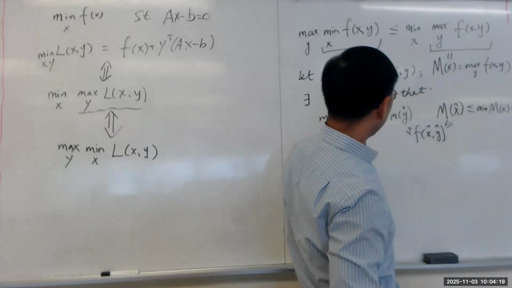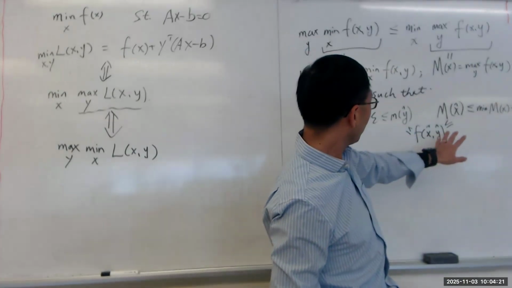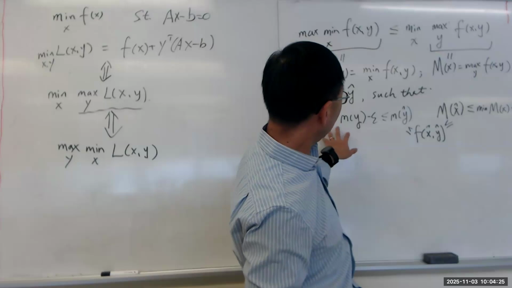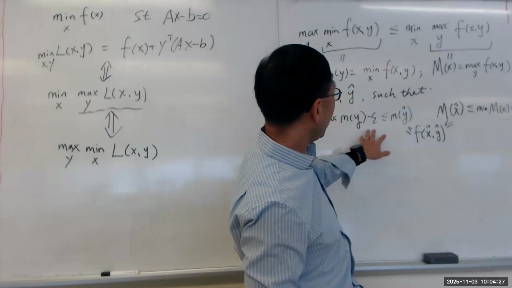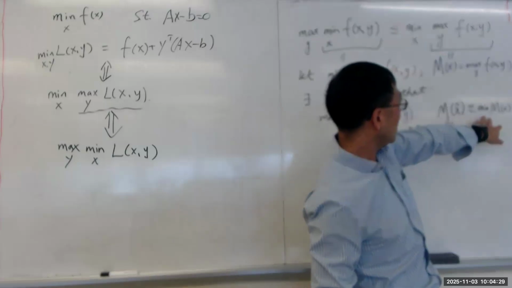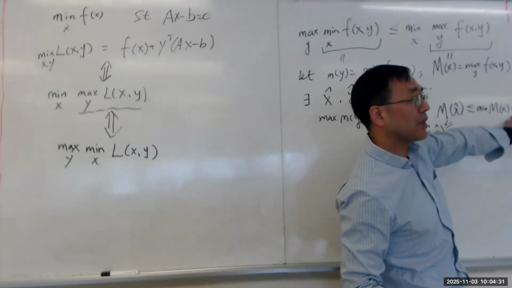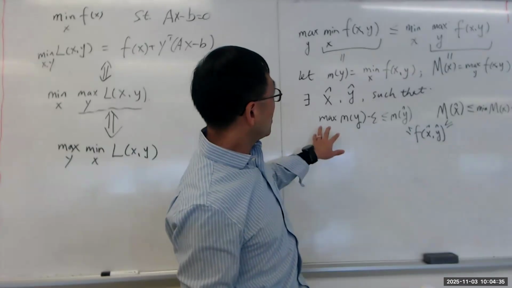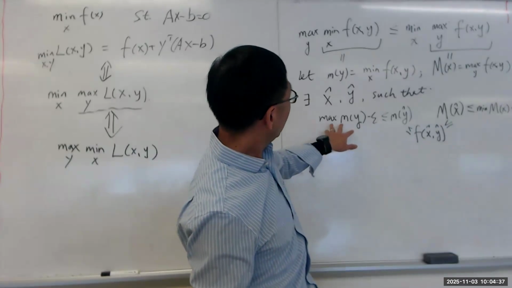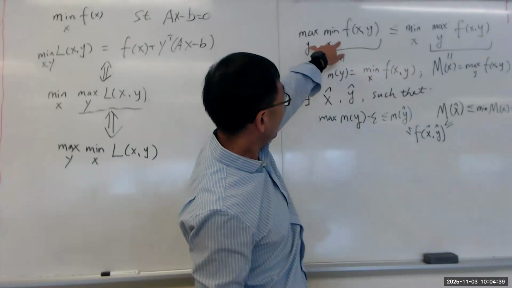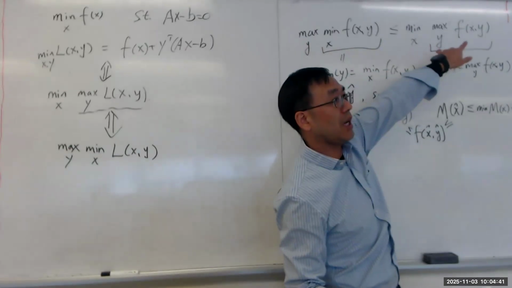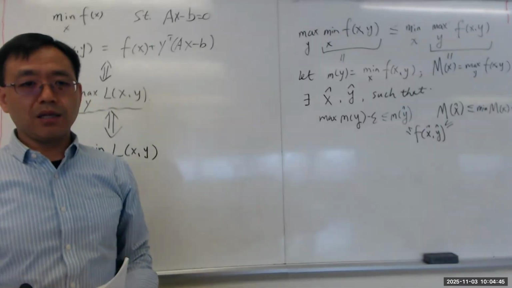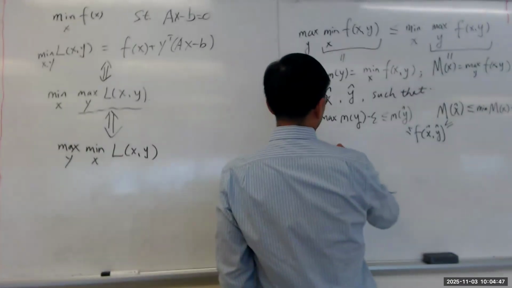So if you connect this together, we can say that the maximum of small f of y minus epsilon is less than or equal to the minimum of this. If you let epsilon go to 0, then what you see here is that the max-min is less than or equal to the min-max.